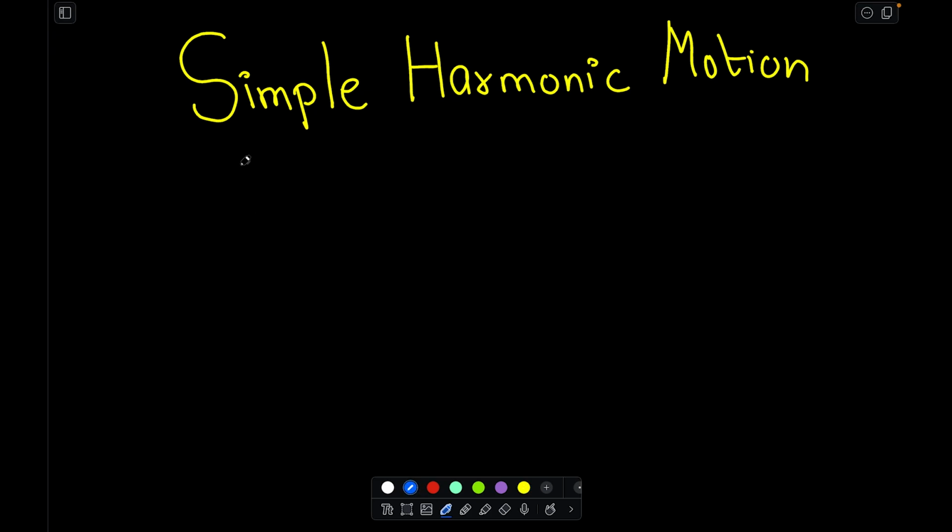So simple harmonic motion can only be understood if you know two other things. First is periodic motion, and another is going to be our harmonic or oscillatory motion.